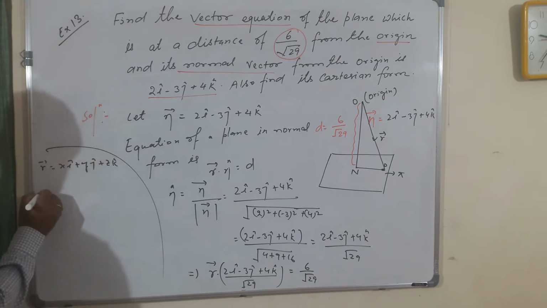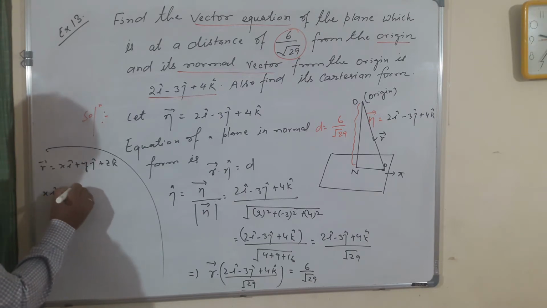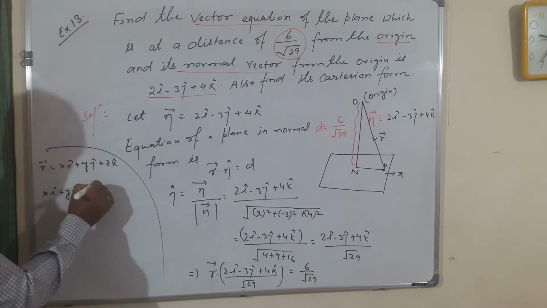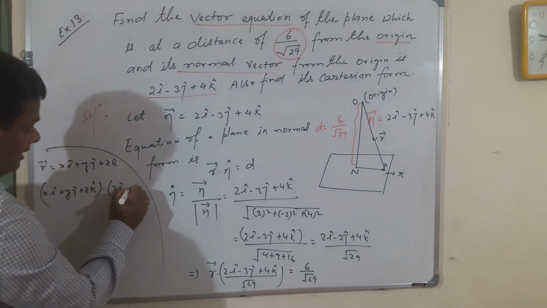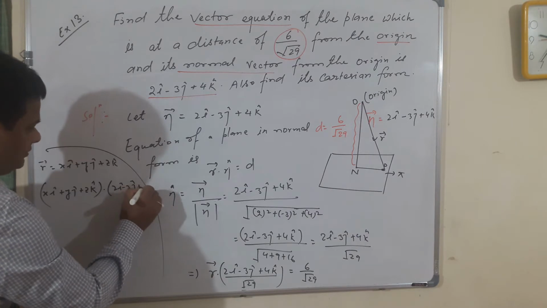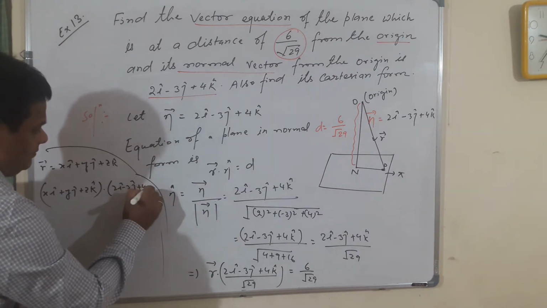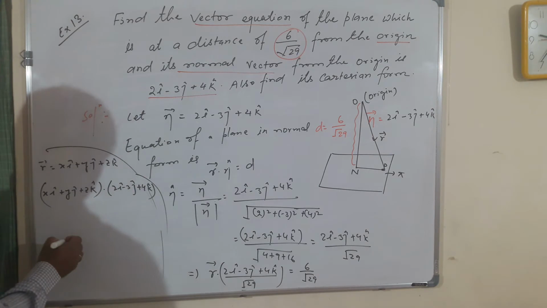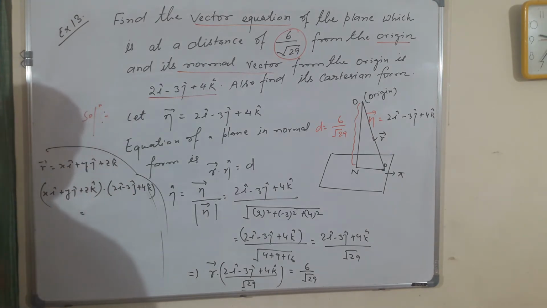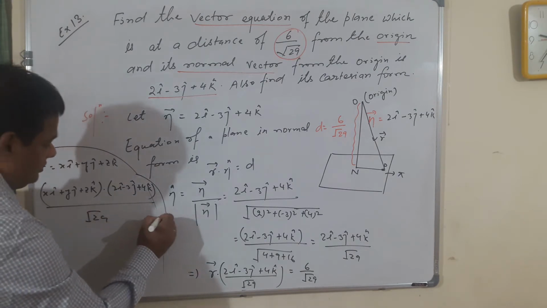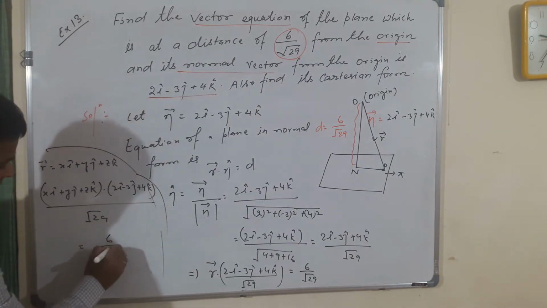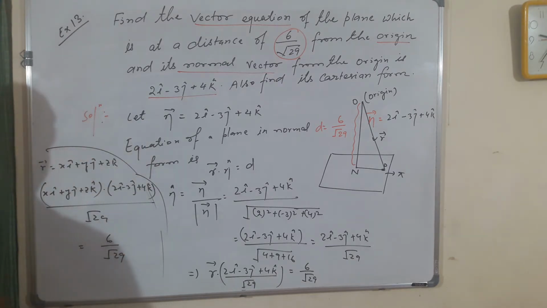So xi plus yj plus zk dot 2i minus 3j plus 4k, divided by root 29, is equal to 6 by root 29. So this one you got here.